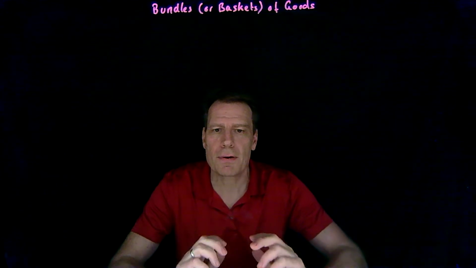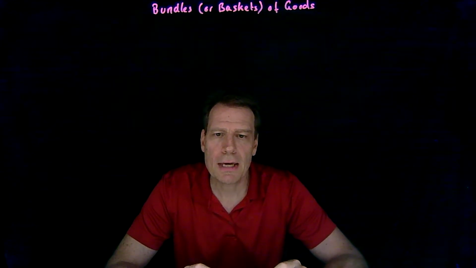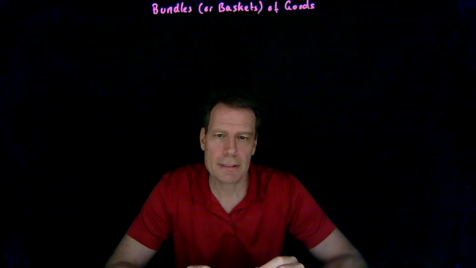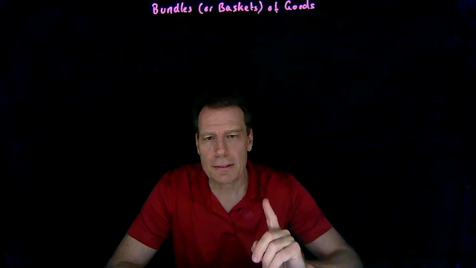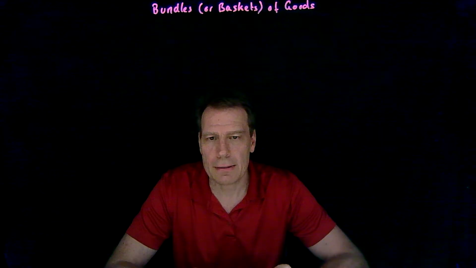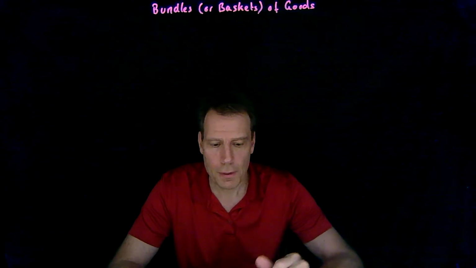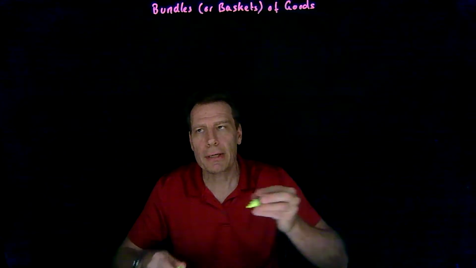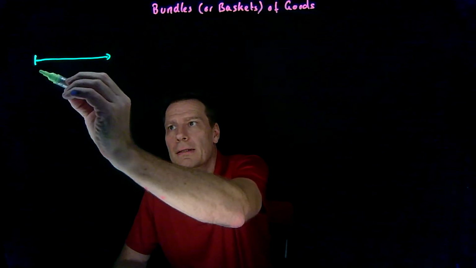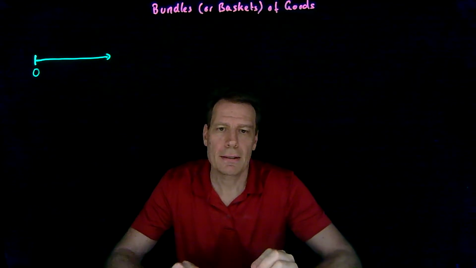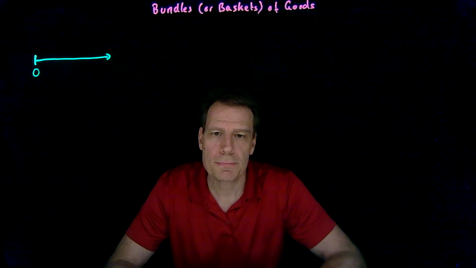Well, let's think about a very simple basket that contains only a single good. Let's say apples. Well, in that case, we'd only need a single number to describe what's in the basket. How many apples are there? So we literally only need a point on what we call the real number line, in particular the portion of the real number line that contains positive numbers.